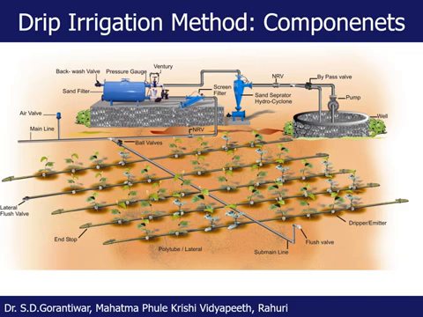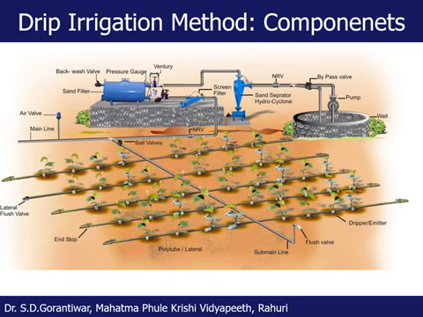The purpose of the water source is to supply the water. The purpose of the pump is to throw the water at the desired head for getting the desired discharge. Sometimes we may not need the entire discharge, because we design the system for the peak water requirement, and in actual operation we may need less discharge.